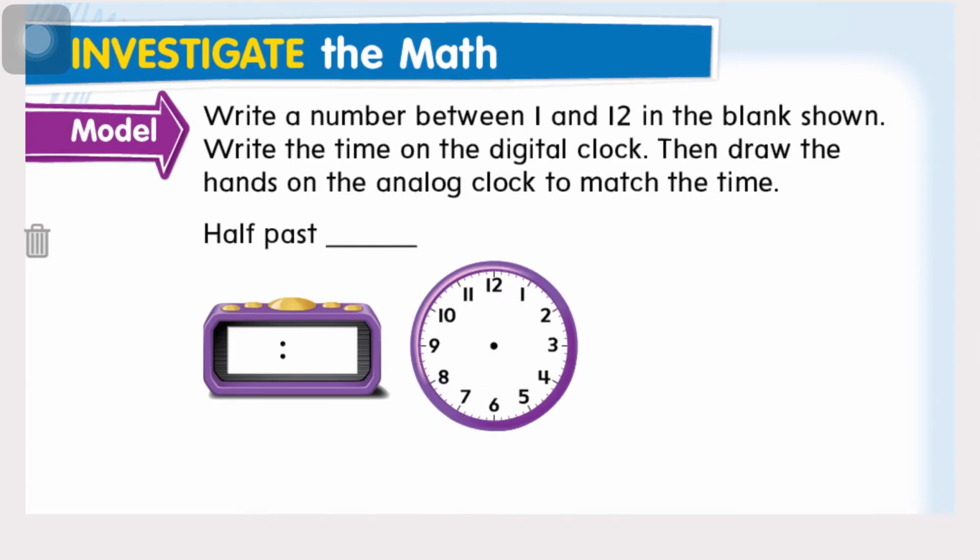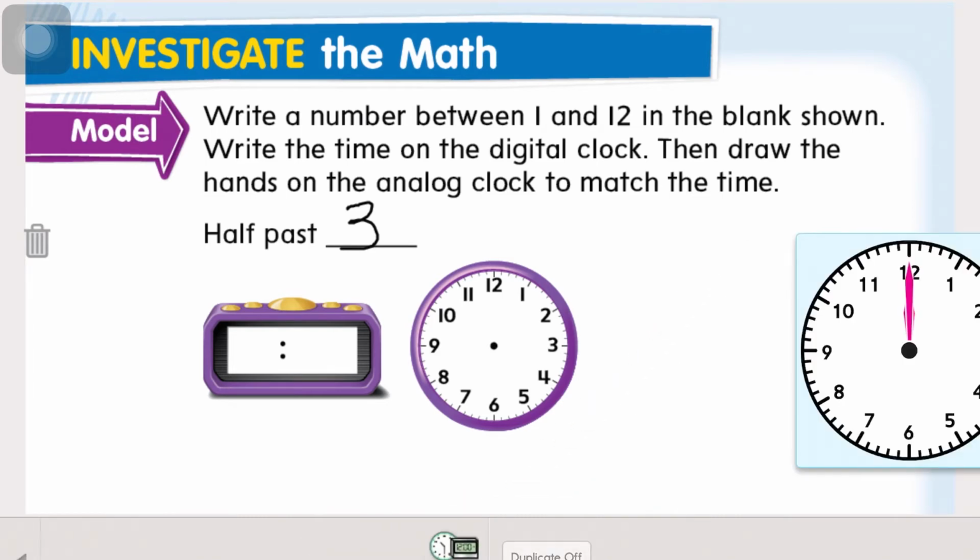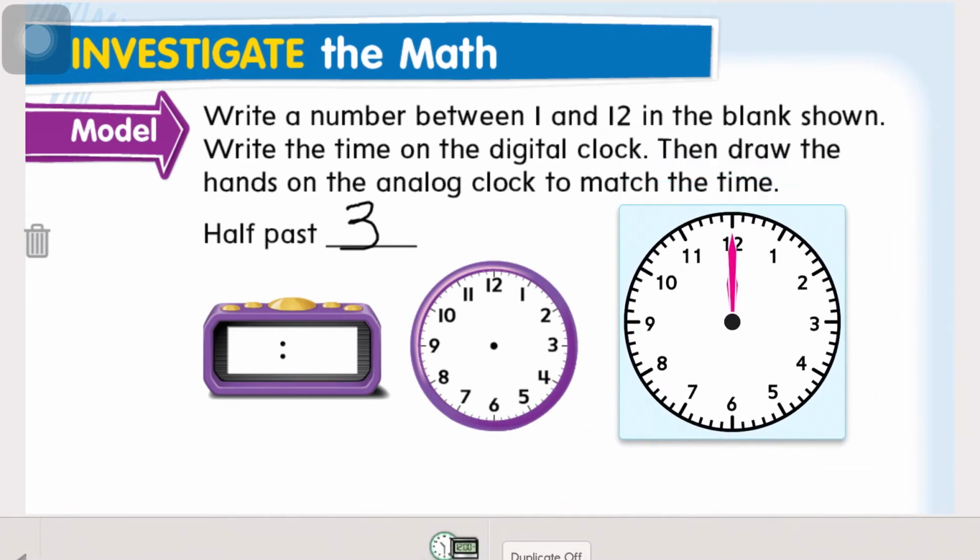All right, so let's do some practicing here. It says write a number between 1 and 12 in the blank shown. Write the time on the digital clock, then draw the hands on the analog clock to match the time. So let's do 3:30. Okay, and we need to start then at 3 o'clock.